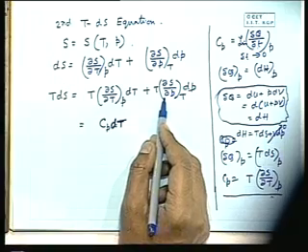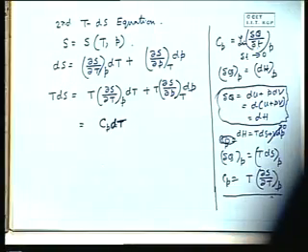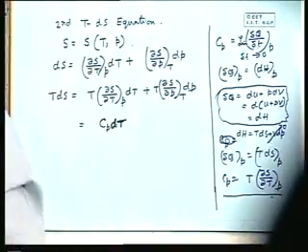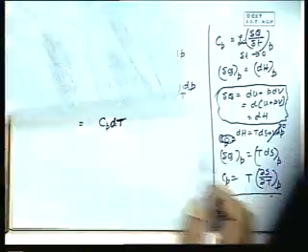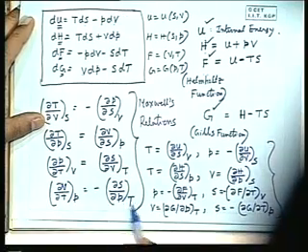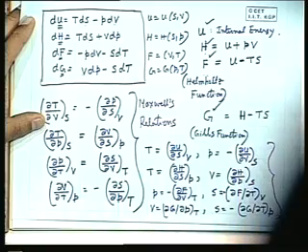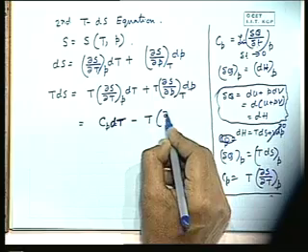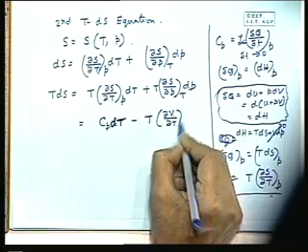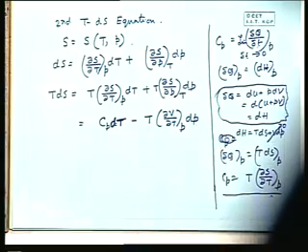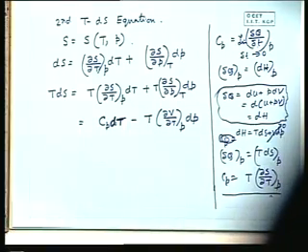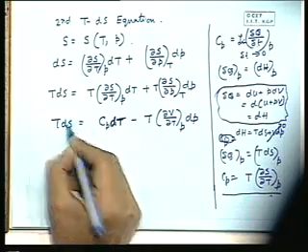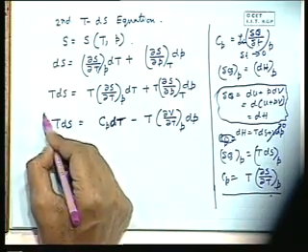And in a similar way, del S del P at constant T is minus del V del T at constant P. So I can write minus T del V del T at constant P dP, and this is known as the second TdS equation.